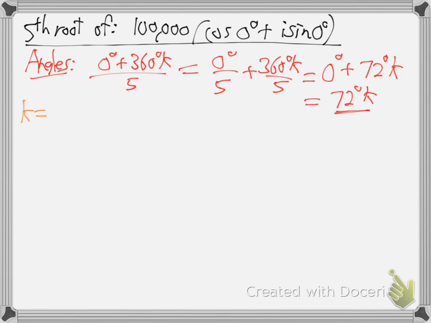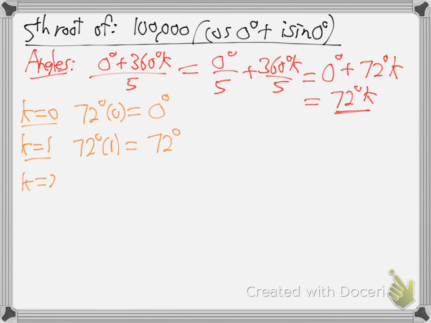So start with k equals 0. 72 times 0 is 0 degrees. Do k equals 1: 72 times 1, which is 72. K equals 2: 72 times 2, 144.